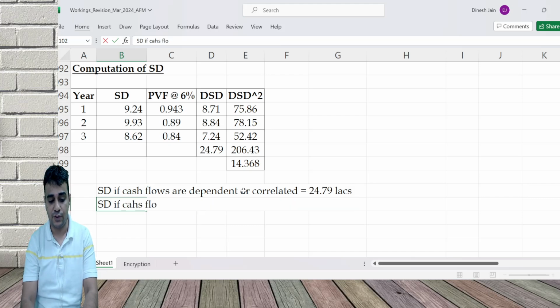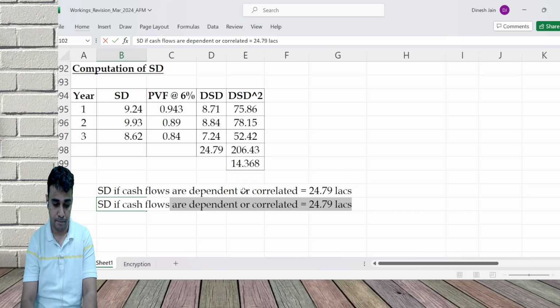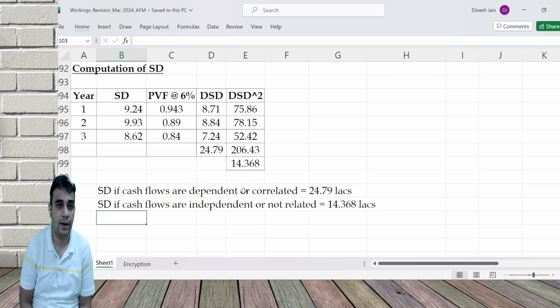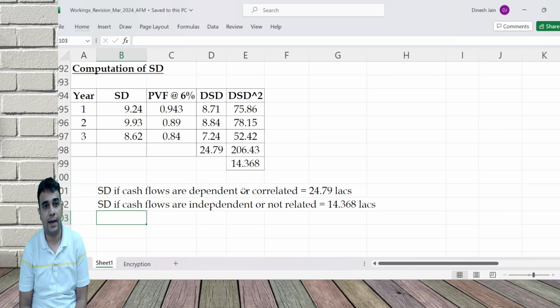If cash flows are independent or not related, SD is 14.368 lakhs. Independent is low risk, dependent is high risk. Independent carries lesser risk, dependent carries more risk.